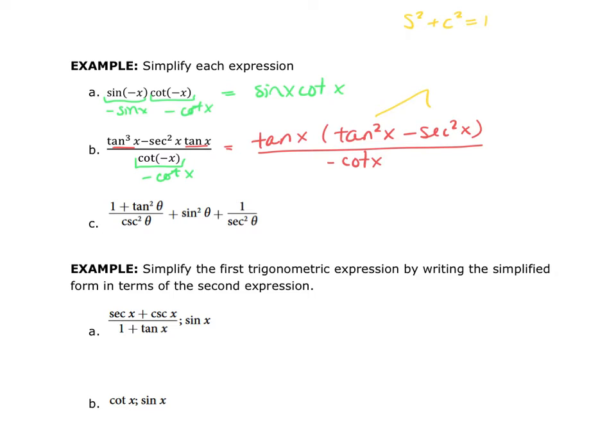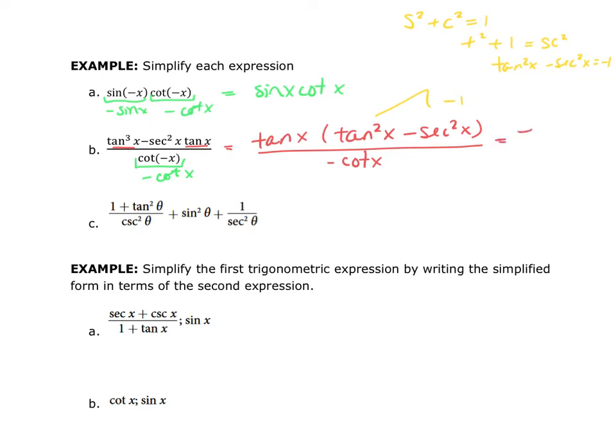Now I see the tangent, which means I must have divided everything by cosine, so then I'll get the tangent squared plus 1 is equal to the secant squared. And so what I have is tangent squared minus secant squared. So if I have tangent squared x minus the secant squared x, this must equal negative 1, because I have moved the secant squared to the left side of the equal sign, the 1 to the right side, so we know that this is going to equal negative 1.